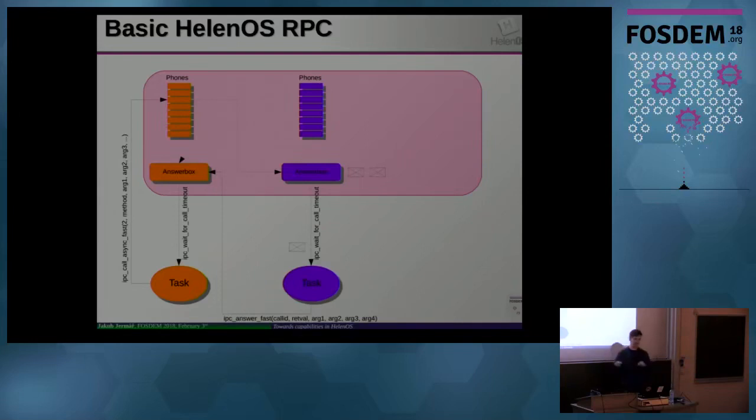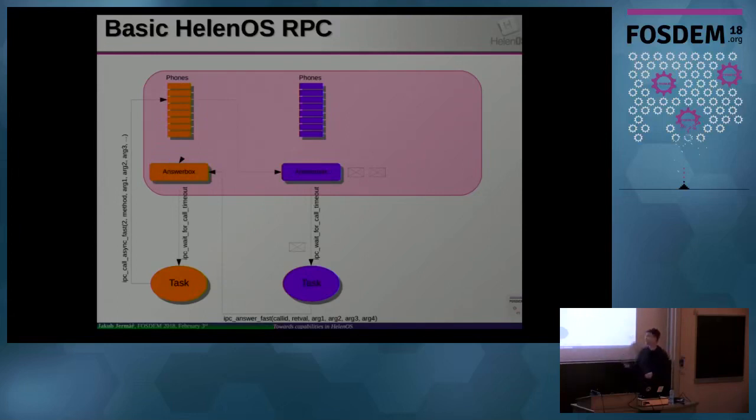We will get to call IDs later. And then it has one of two options. It can answer the call using the call ID and some return arguments, in which case the call goes back to the answer box of the sending task, from where it can again be waited for by the original sender, which concludes the loop, and the sender gets a reply to its own message.